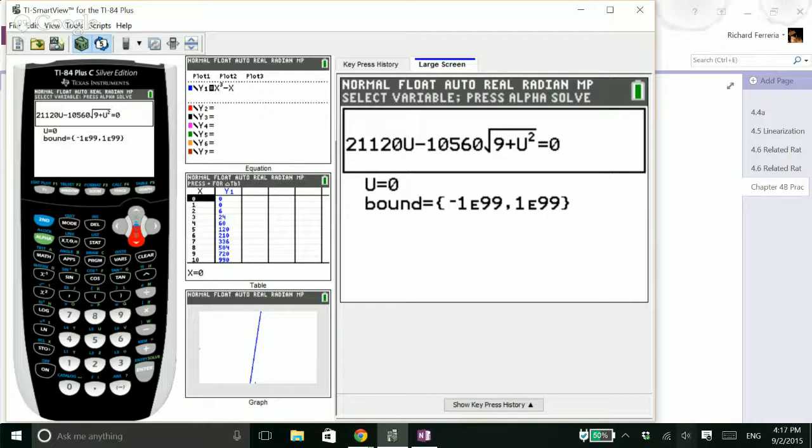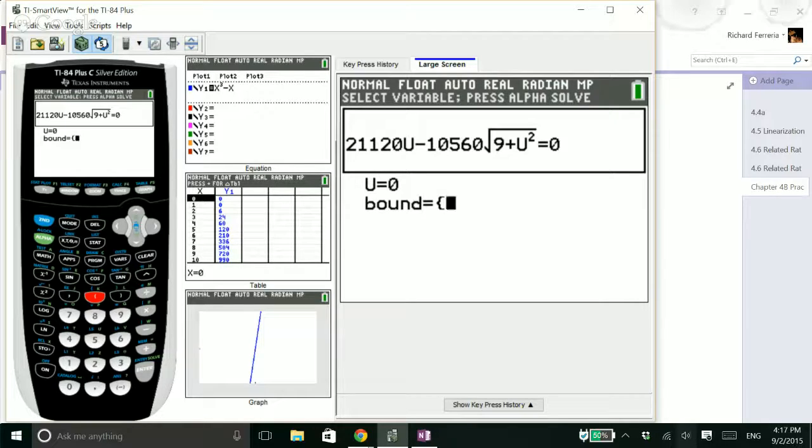You can make the calculator's life a little bit easier, and actually your life a little bit easier, if you already know the domain of u. You already know the domain of u. 0 to, look at your diagram, what's the biggest u can be? It can approach 5, right? The biggest it will be is approaching 5.